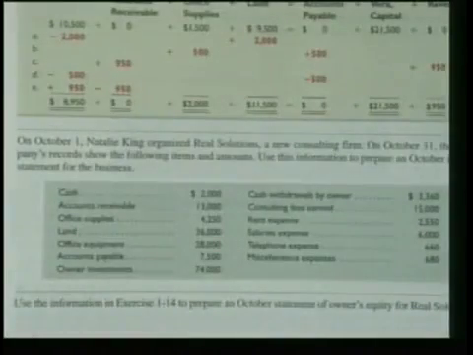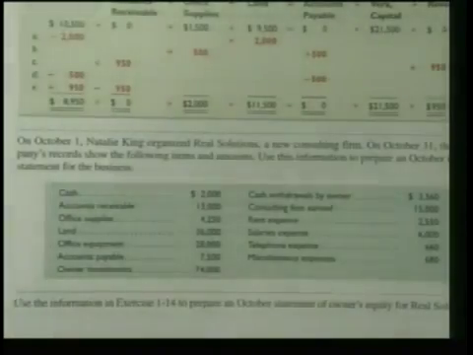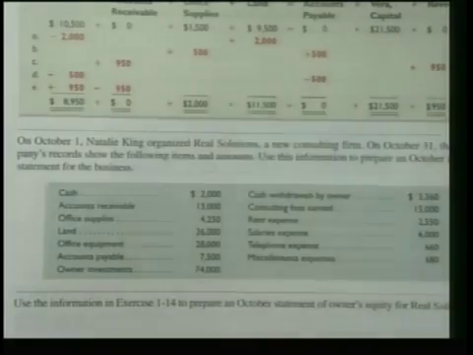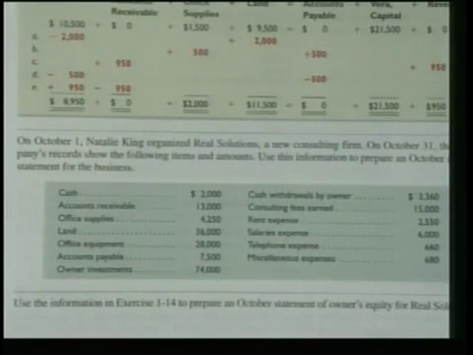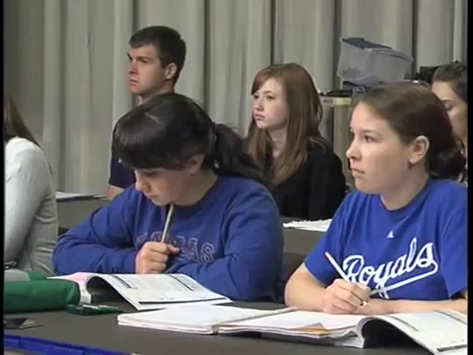Because a lot of times people are like, well, I don't know. Are you telling me that that's the beginning balance of capital? Or is that an investment by the owner during the month or what? Okay, well, let's just say she made it on October 2nd. So what would be the beginning balance of capital on October 1st? 0. Are you with me? Okay. That's the one thing I wanted to clarify there.